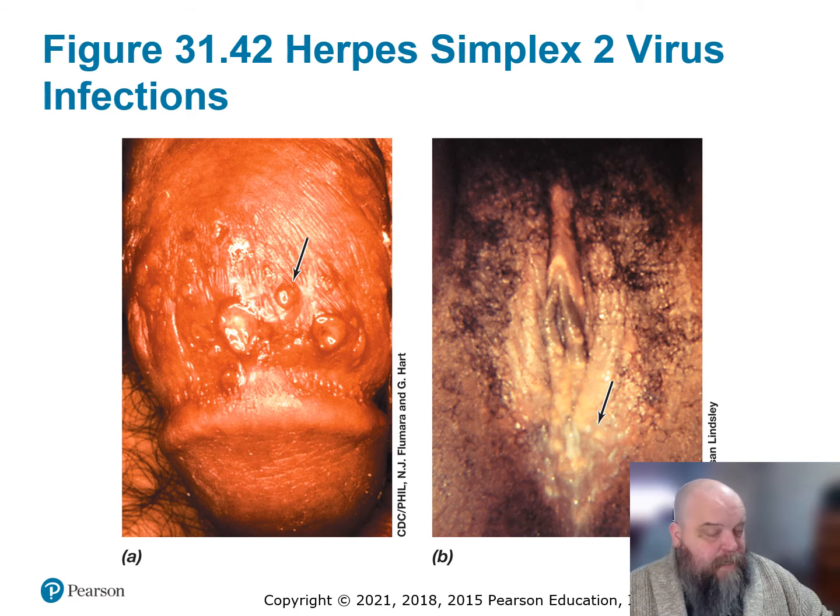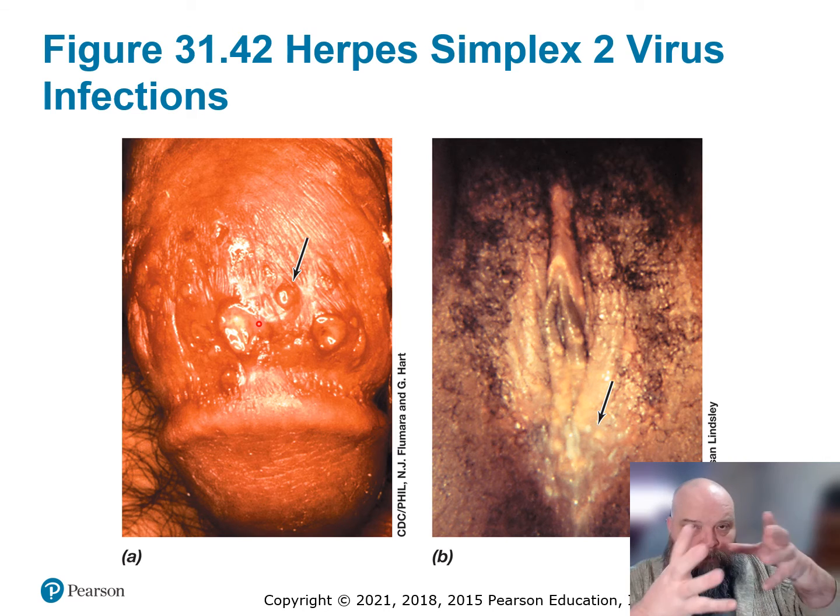So whether you're talking the penis, you're talking the vagina, you're going to see these little clusters of blisters. What separates this from other things? Oh, is this a herpes blister or is this a pimple? This is going to be a clear liquid, maybe slightly yellowish, but more clear. And it's going to be a distinct pustule. Now the pustules may cluster together.